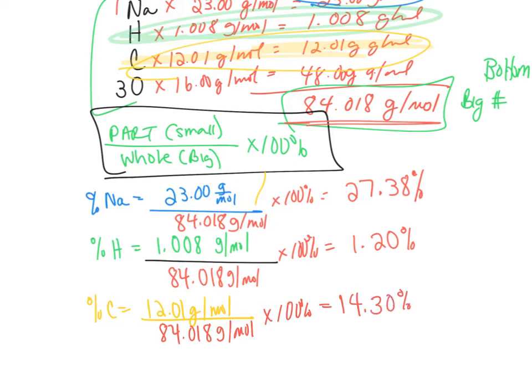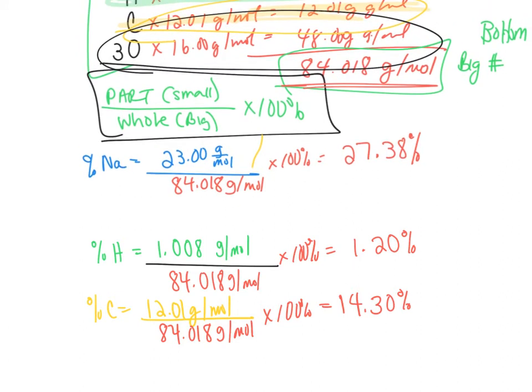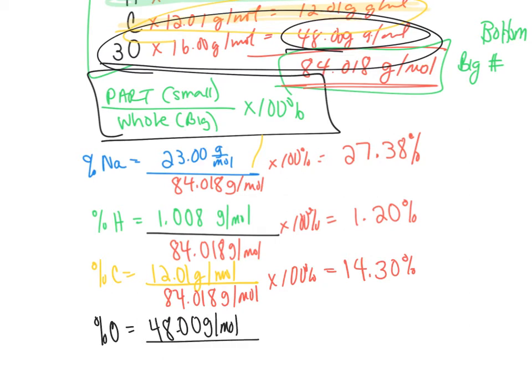And then our last one is oxygen here. And so the percent that's oxygen would be 48.00 grams per mole divided by the 84.018 grams per mole times 100%.